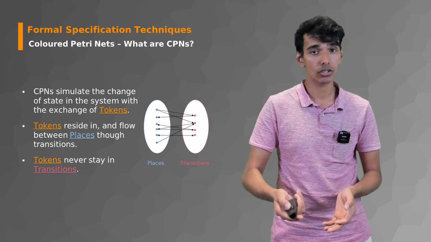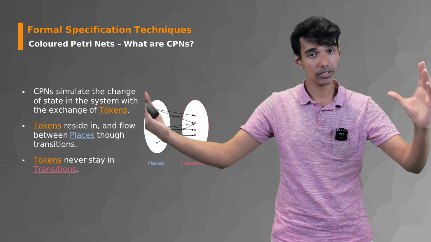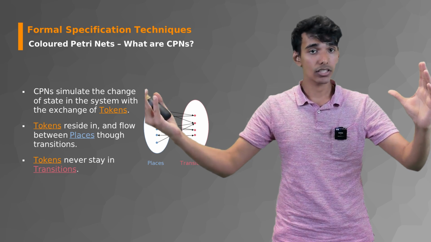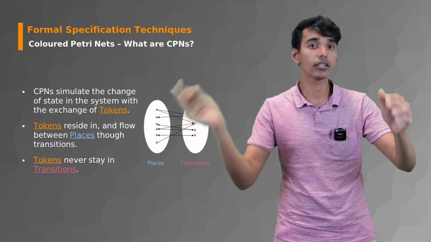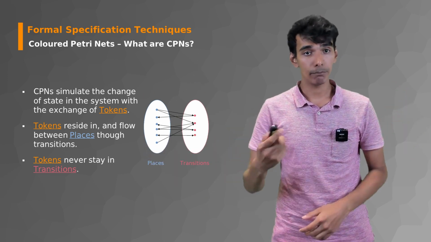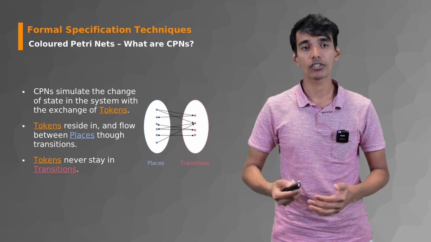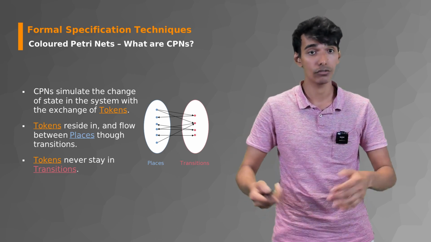So as we mentioned before, you can have a place, a transition, and another place. And essentially the tokens reside within the places, but they flow from one place to another through the transitions. But the important part is that tokens never stay in transitions. So tokens are always inside of places.